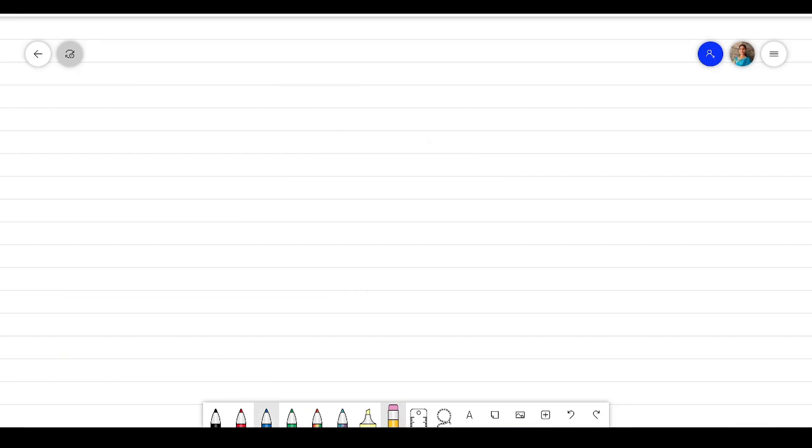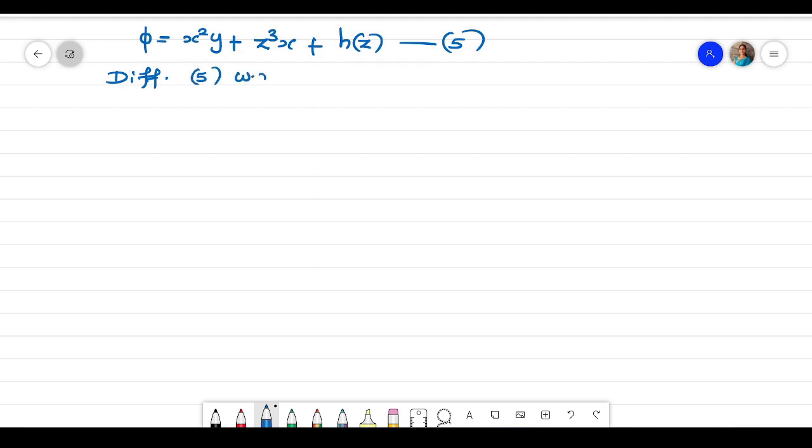Therefore we have, what is our equation number 5? We have equation number 5 is phi is equal to x square y plus z cube x plus h of z. This is our equation number 5 now. Now we have to differentiate equation number 5 with respect to z.